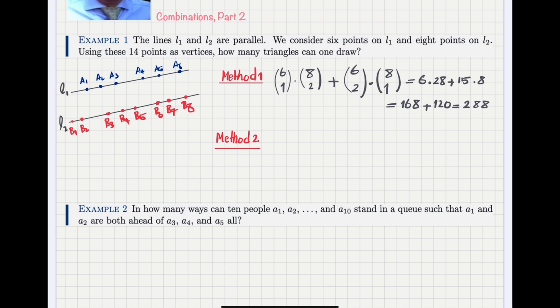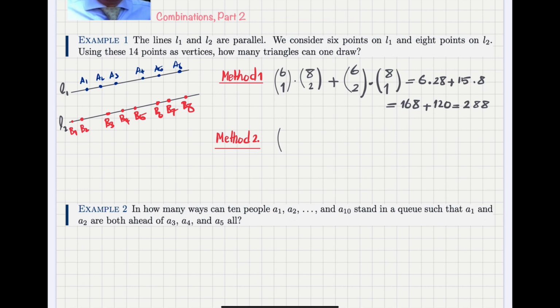Of course, I'm not saying that is better, but I want you to think of different ways to understand combinatorics better. What do you think? What's the problem if I write it in that way?